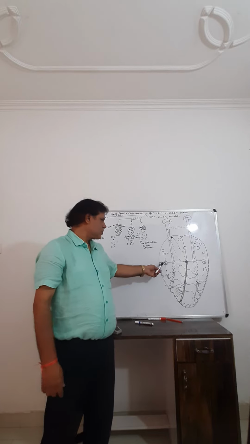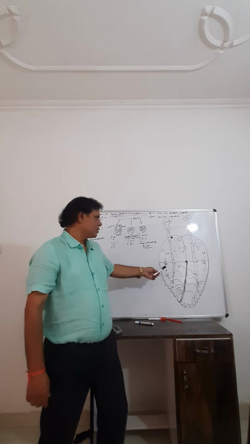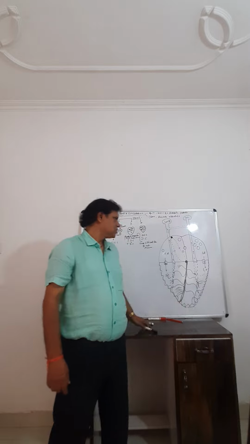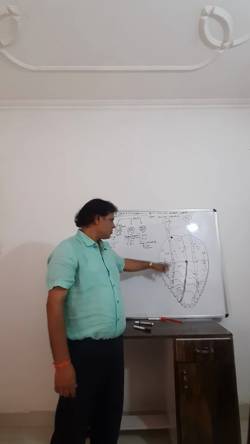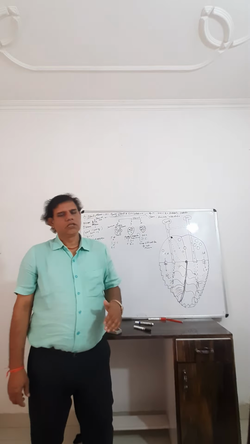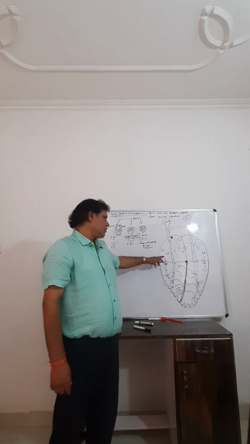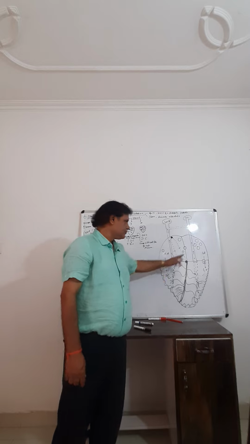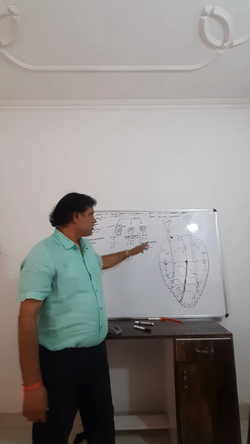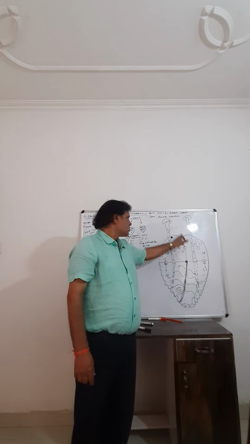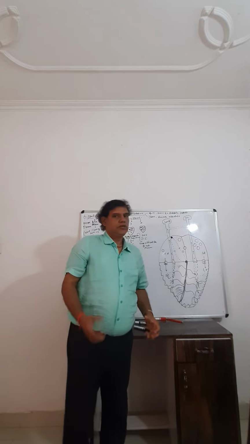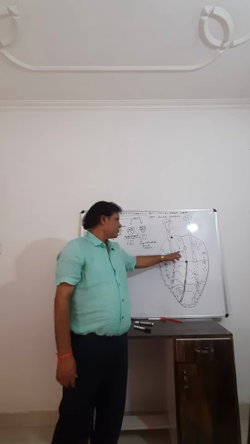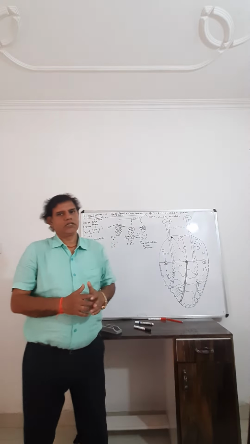The tricuspid has 3 cusps and the bicuspid has 2 cusps. The tricuspid and bicuspid are collectively called the AV valves, atrioventricular valves. And this opening is called the foramen ovale in the embryonic condition, and after that there is the formation of the fossa ovalis.